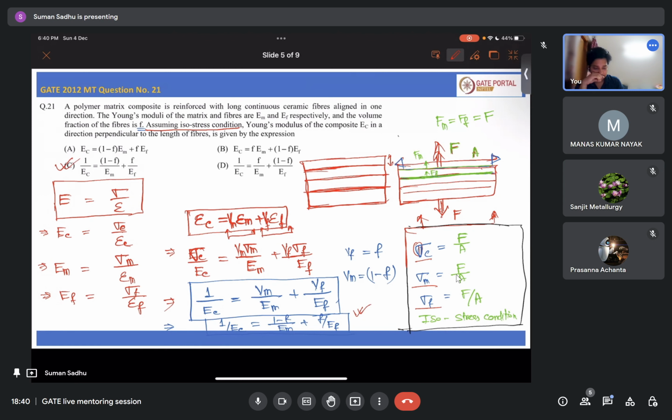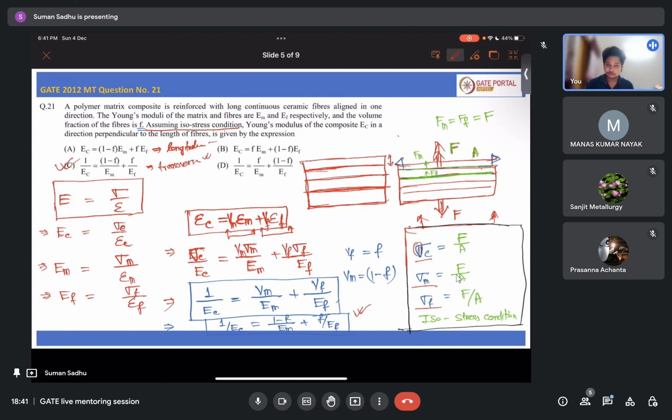Option C. And if it was mentioned for the isostrain condition, then it will be option A. For the longitudinal direction, the expression will be option A, and this is for transverse. Okay, isostrain and isostress.